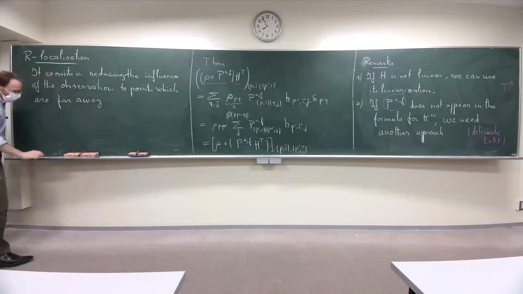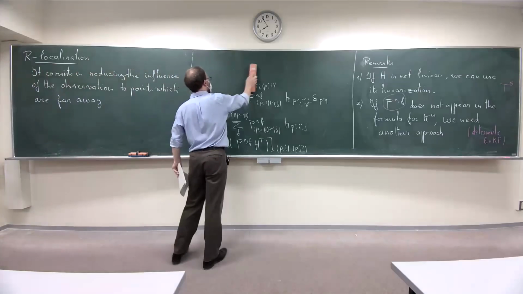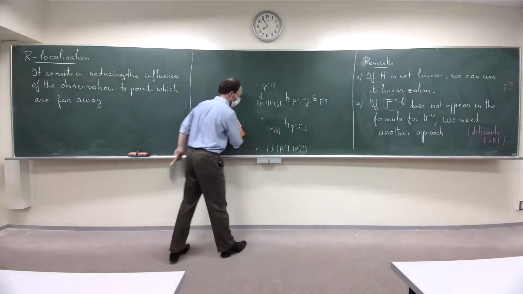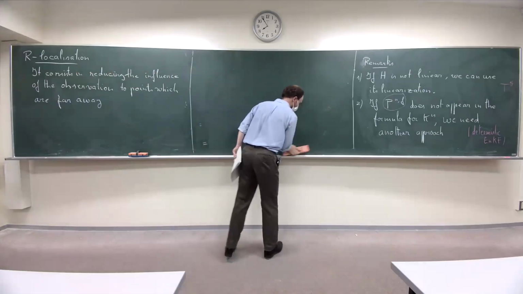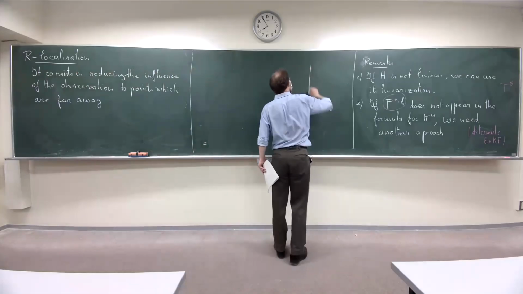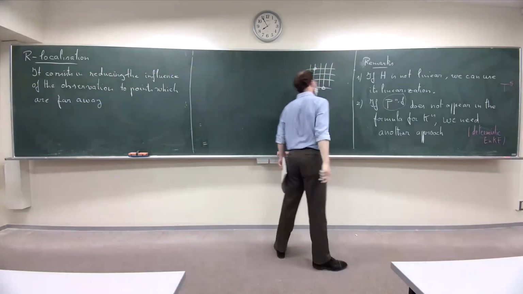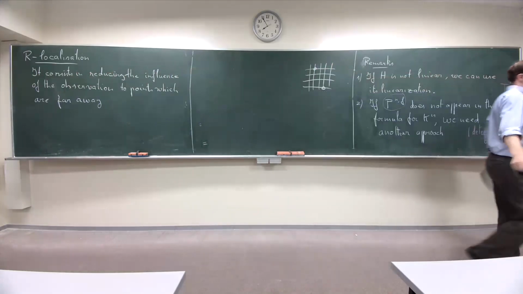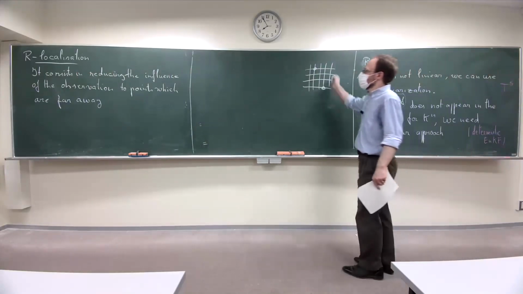The idea is slightly different. Before, in the first approach with covariance localization, in our computation we destroy the correlation between these two points. Right? Now, we want to do something else.